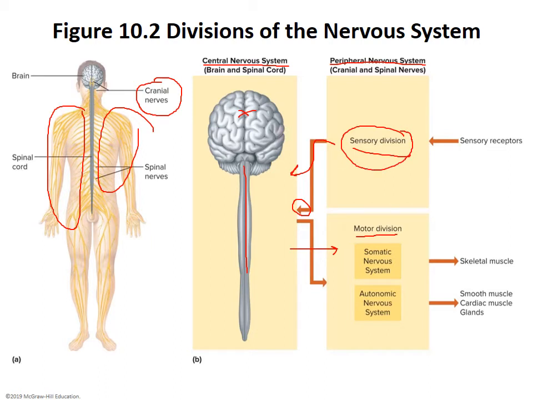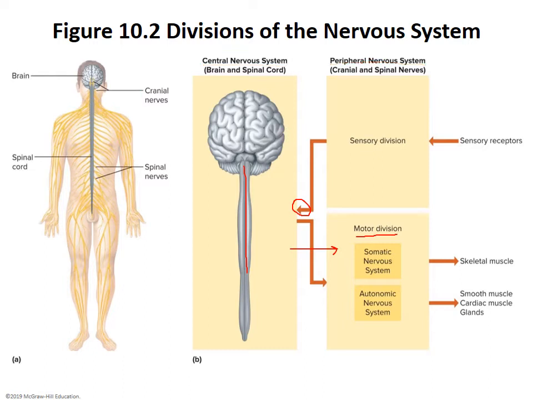I am feeling what's going on, and all of that information is being brought into the central nervous system. The central nervous system is going to look at it and see if something needs to be done. Is it something angry? I need to respond. And so it is going to send a signal out on the motor division if something needs to respond. All right, so that's the cycle.